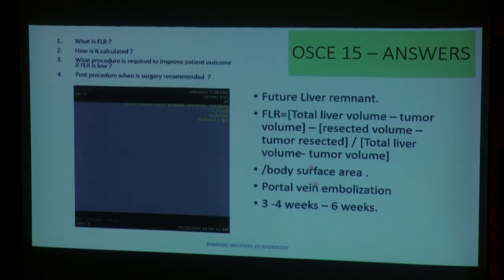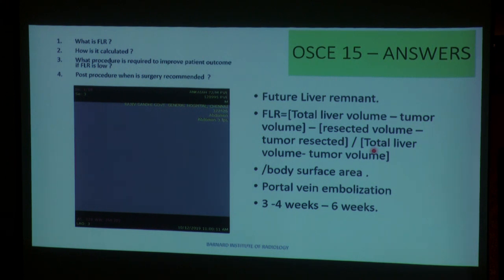Yeah. So FLR means the future liver remnant, and it is the total liver volume minus tumor volume minus resected volume. That basically means the functional liver volume, that is the whole liver minus the tumor. So the functional liver volume minus what you have resected, divided by the total functional liver volume.